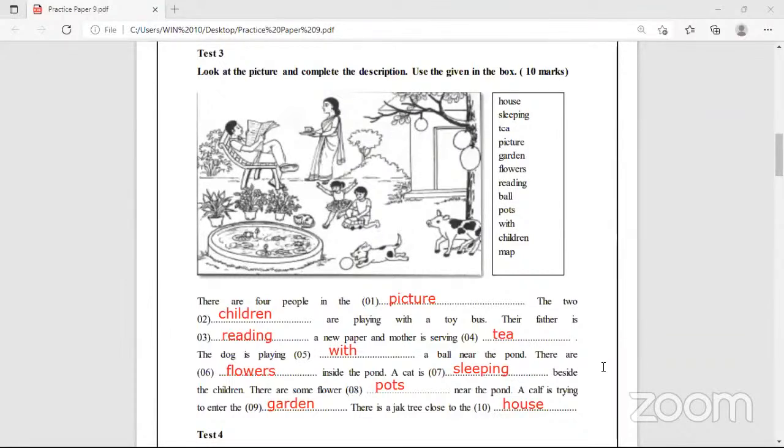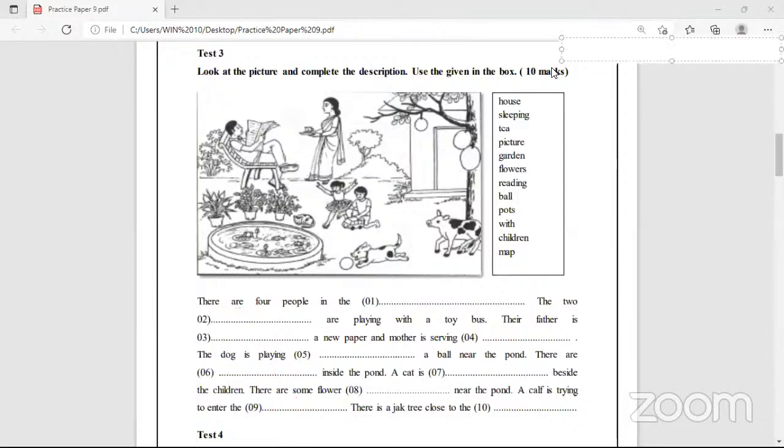I will keep the answers for a few seconds. Right, I will clear the answers.